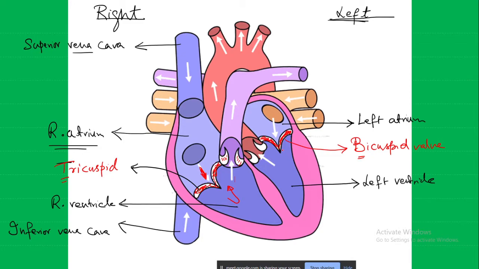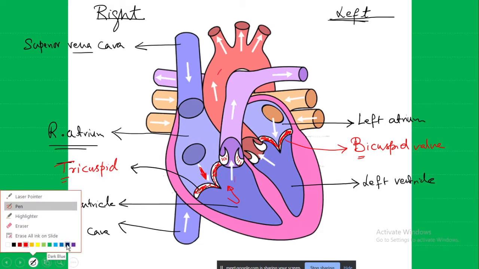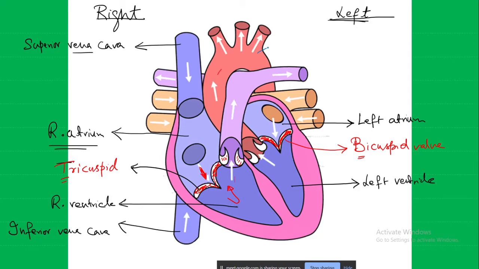Similarly, from the left ventricle, it enters into this. What is this known as? This pipe system on the top, the very thick one, is the thickest artery, known as the aorta.